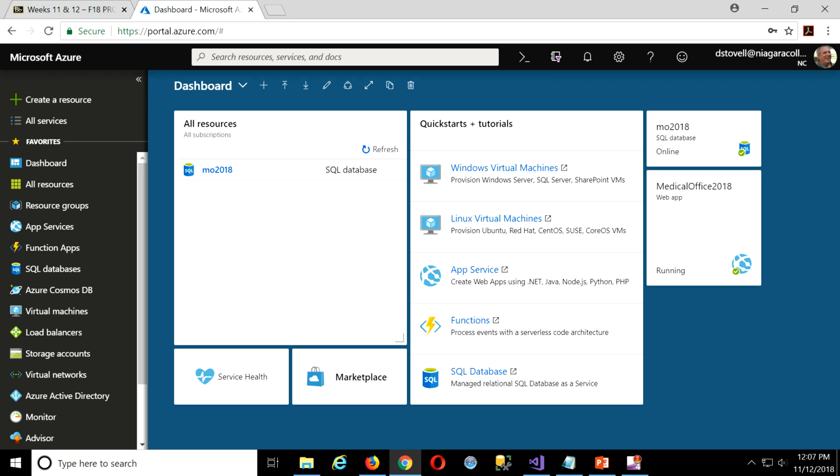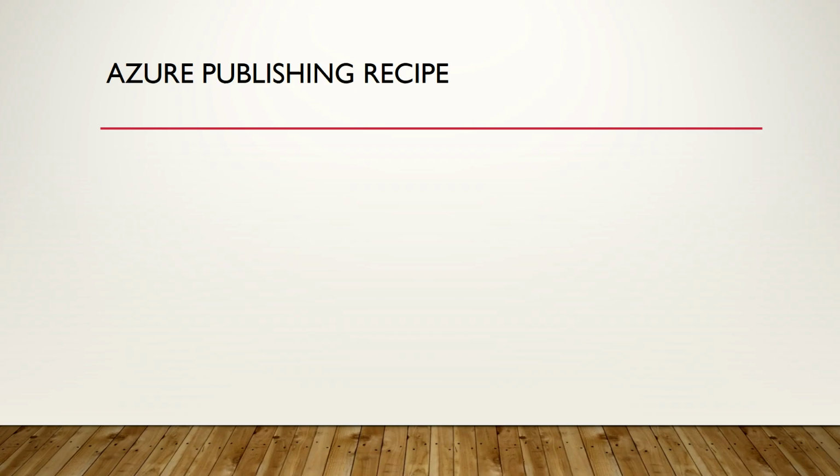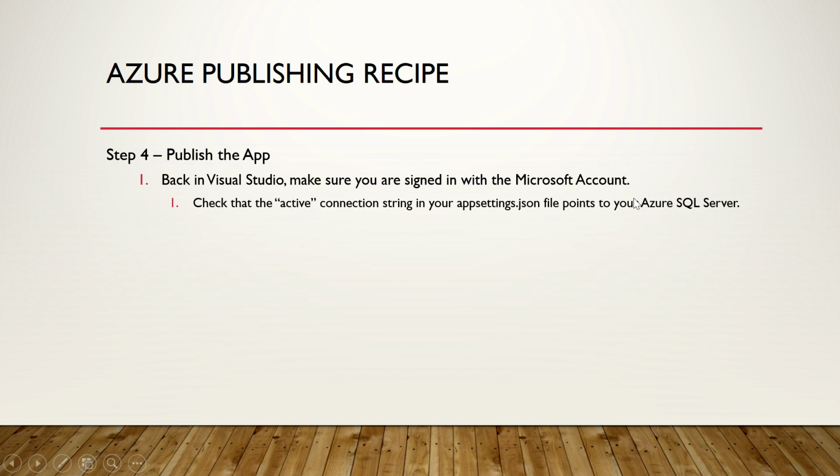So when we bring up my recipe, might as well follow the recipe. We did step 3, now step 4, publish. Back in Visual Studio, make sure you're signed in with the same Microsoft account. Just check the connection strings are pointing to the SQL Server database in the cloud.